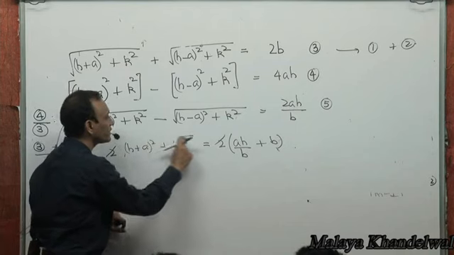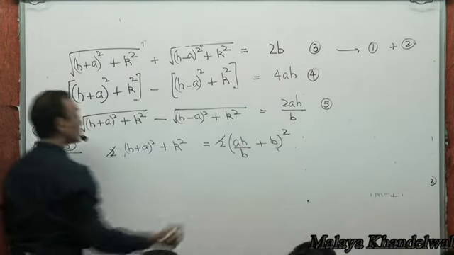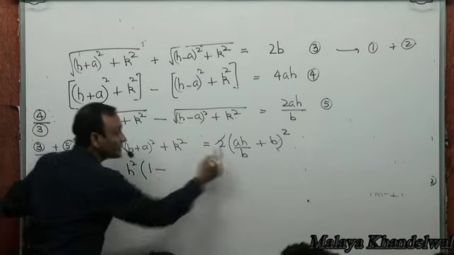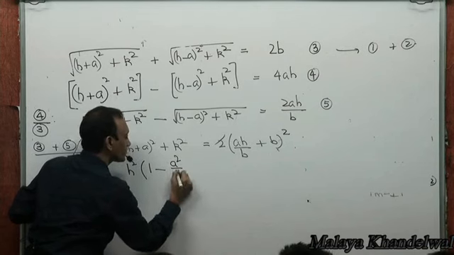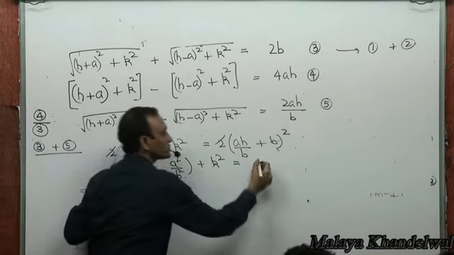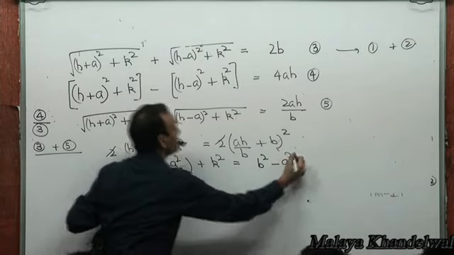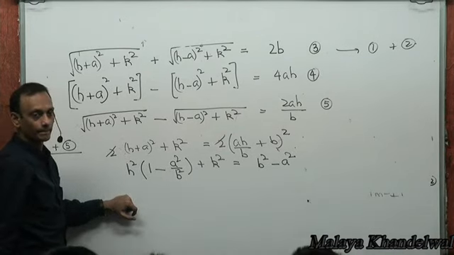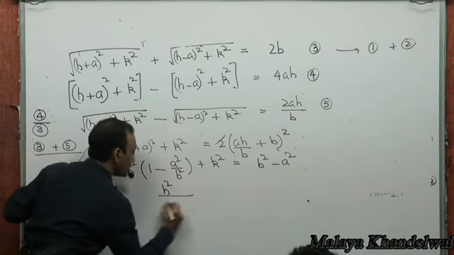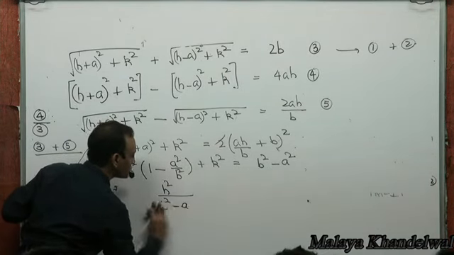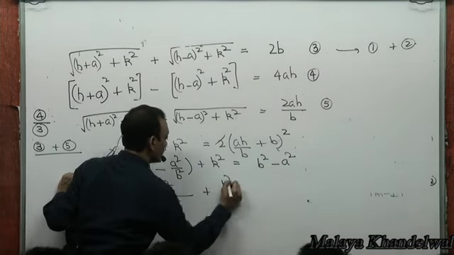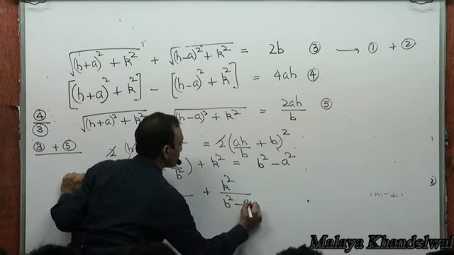Now, of course, if I square, this goes into oblivion. This is what happens. And now, h squared into 1 minus a squared by b squared plus k squared equal to this. a squared I transpose on the other side is b squared minus a squared. Now I divide by b squared minus a squared both sides. So h squared by b squared plus k squared by b squared minus a squared equal to 1.